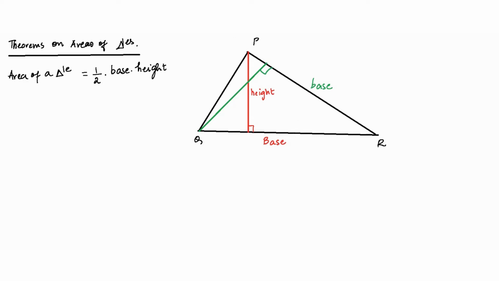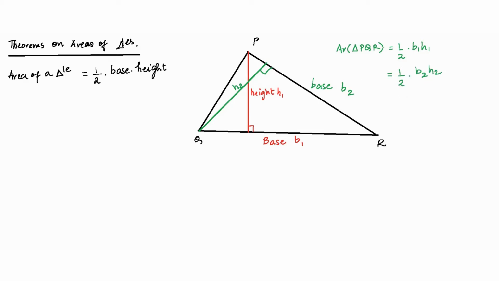So if this base is B1 and this height is H1, then this base will be considered as B2 and the height corresponding to it is H2, right? So I know that the area of this triangle PQR can be written as half into B1 H1. It can also be written as half into B2 times H2.